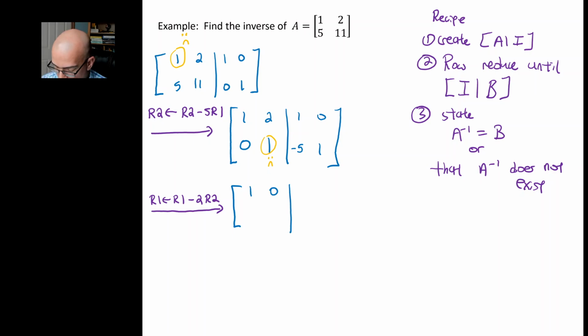Now we have 1 minus 2 times negative 5. So 1 plus 10. We have 11. And then 0 minus 2 times 1. So we're going to have negative 2. And then row 2 stays the same.